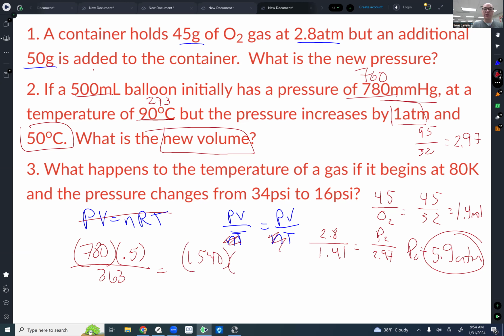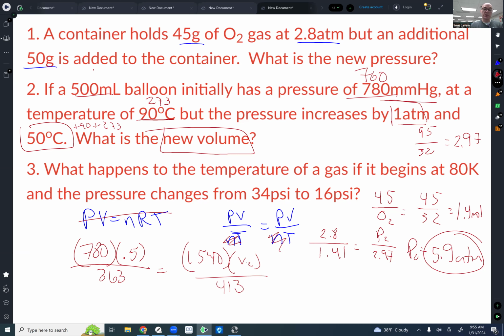My new volume is what we're looking for. My new temperature, it increased by 50 degrees. It's not 50 degrees, it increased by 50. So it would be 50 plus 90 plus 273, I get a new temperature of 413.